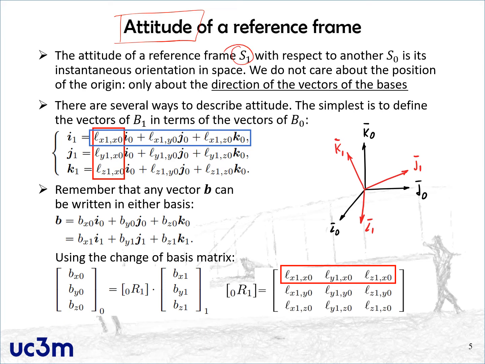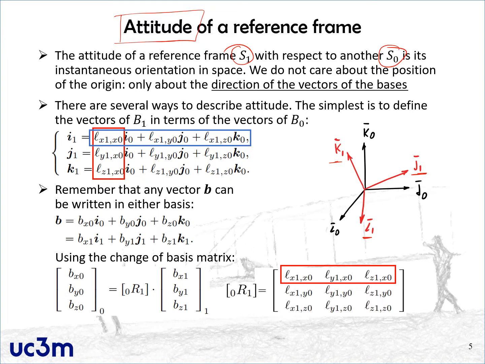Okay, so imagine that we have a reference frame S1 and we want to discuss its attitude with respect to S0. Well, basically, what we need to do is to say what are these three vectors, the vectors of the basis of S1 in the basis of S0. All right. For the discussion of the attitude, it's important to remember that the origin of the reference frames doesn't matter.